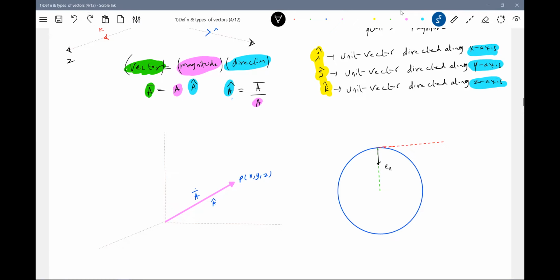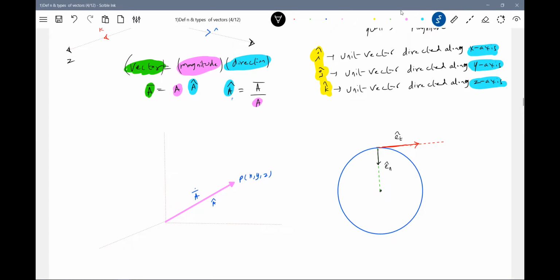Now the unit vector which is directed tangentially, I'll indicate by Et cap. The radial direction I'll indicate by En cap.